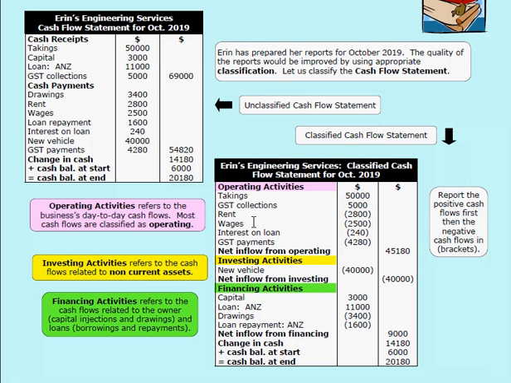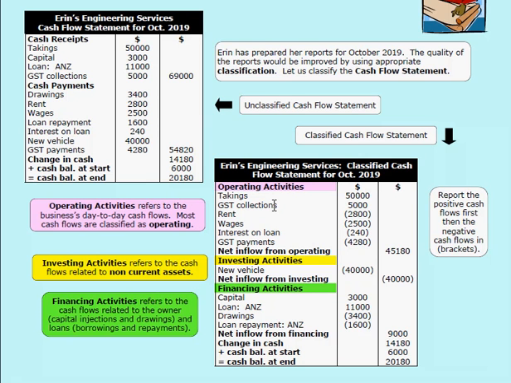So all of the information in this standard cash flow statement up here can be presented in a classified format so that stakeholders can be provided with additional or higher quality information about the cash in and out of the business. What are operating activities?